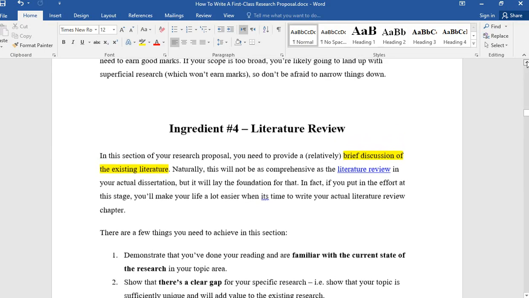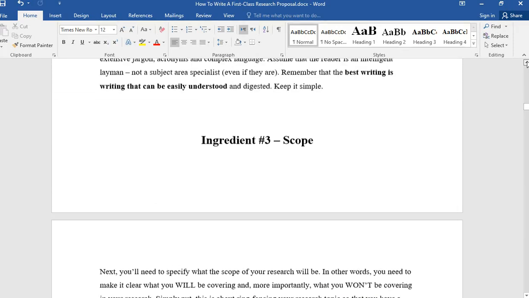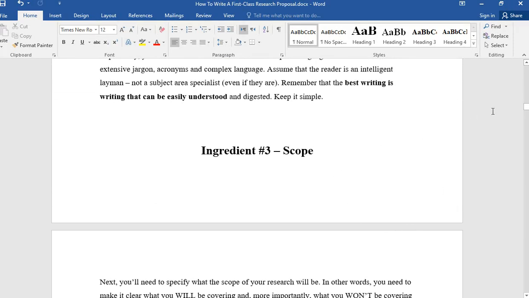So we also got familiar with the other issues relating to writing a proposal. We said that we have to specify the scope of our research, what we are going to cover, how many students we are going to work on, how many teachers we are going to gather the data from, right? Or for example, if we are going to analyze a textbook, how many pages, how many chapters are we going to analyze?